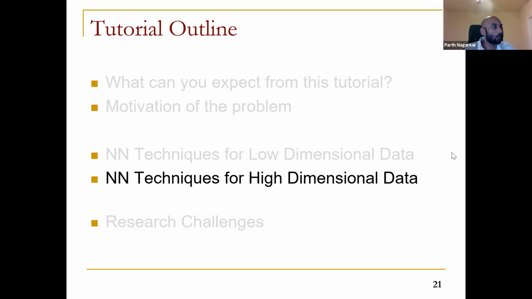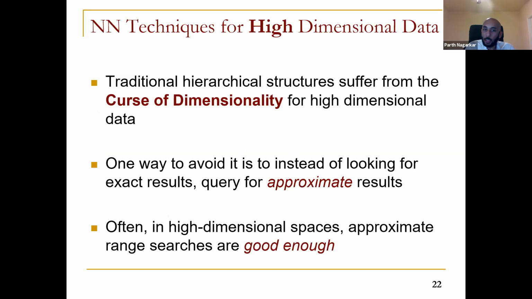As I had mentioned, the traditional hierarchical structures suffer from the curse of dimensionality, where eventually even a brute force search is faster than using these hierarchical structures. One way to avoid the curse of dimensionality is to avoid looking for exact results and instead look for approximate results.